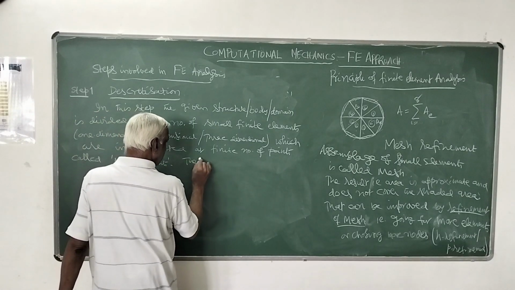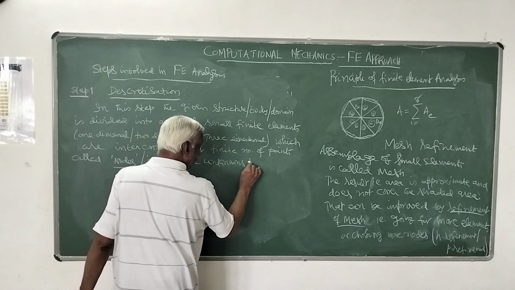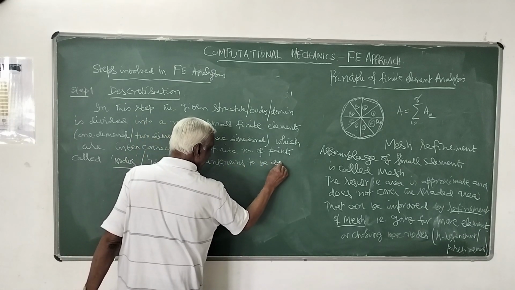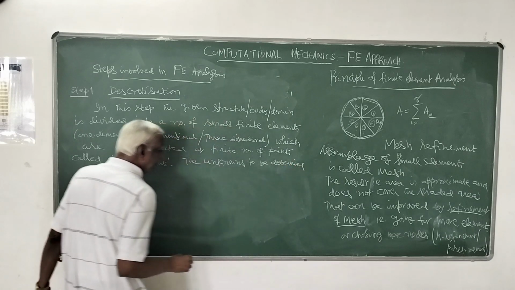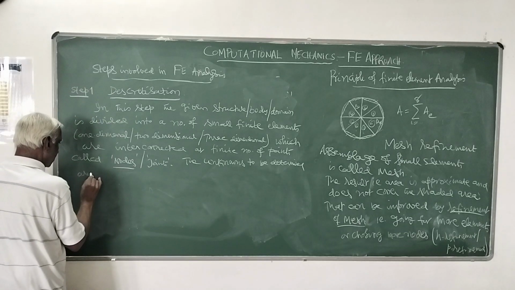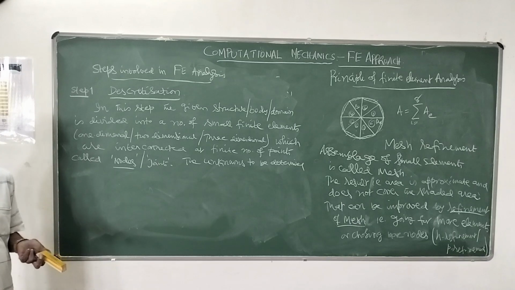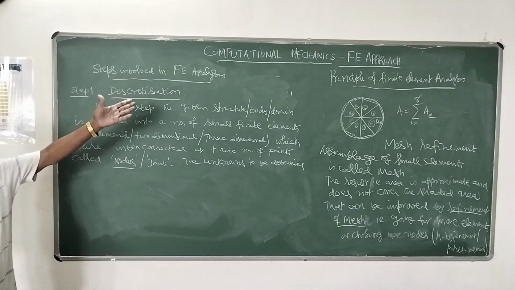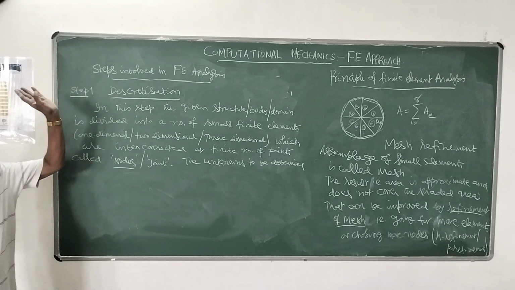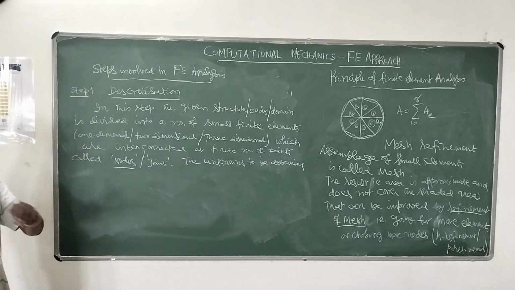The unknowns to be determined. What are the unknowns to be determined generally? In our structural mechanics problem, what we are dealing with here, computational mechanics, the unknown is mainly displacement.